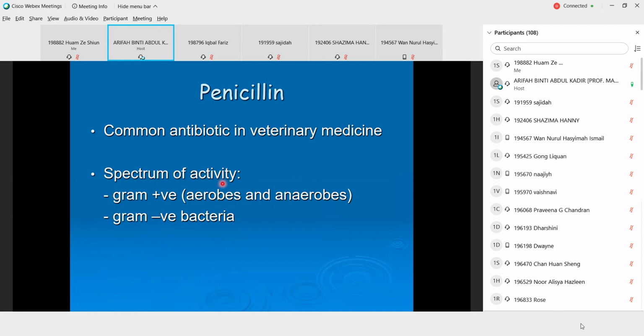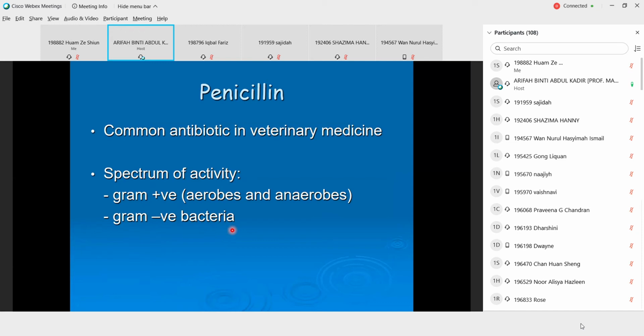So the spectrum of activity of penicillin as a whole is that it is effective against gram-positive aerobes and anaerobes, and gram-negative bacteria. Here you will look at the classification.